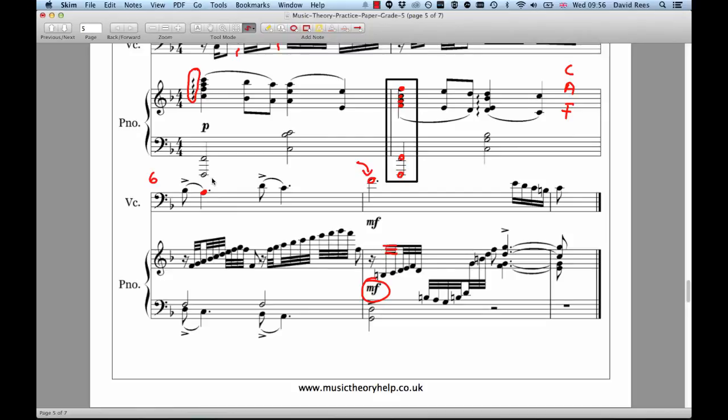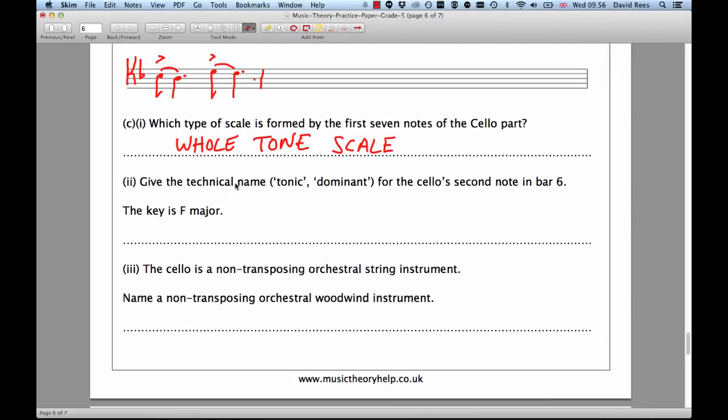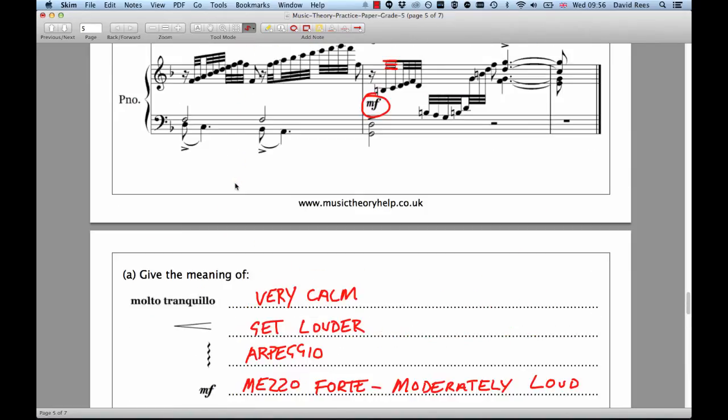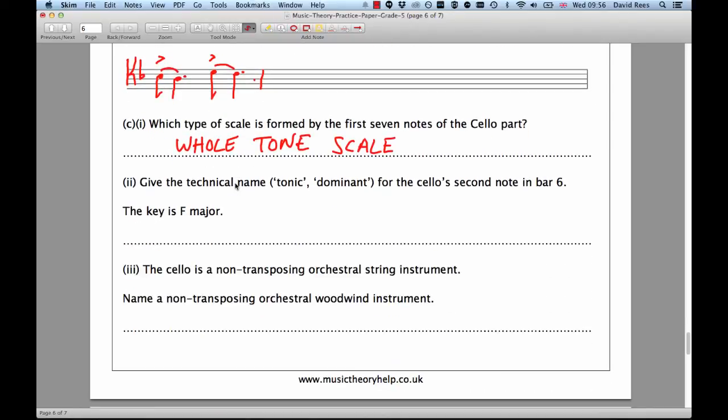Well, it's an A, so that's the first thing we can say. And we know that the key of the music is F major. So if we were to count up from F, F, G, A means that A is the third step of the scale of F major, which makes me think that the answer to this question, the cello's second note in bar 6, is the mediant, so the third step of the scale.